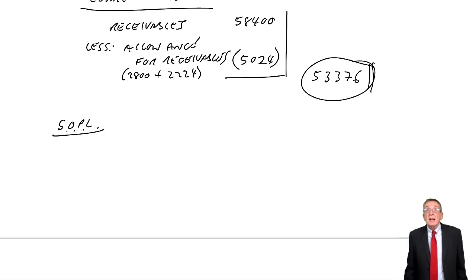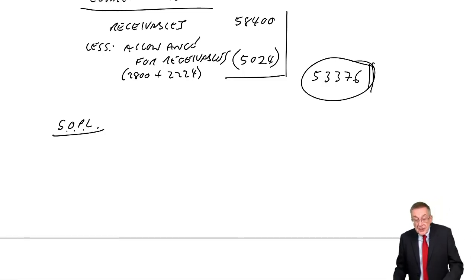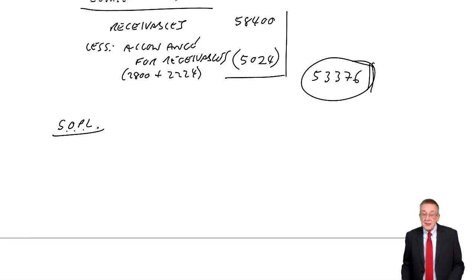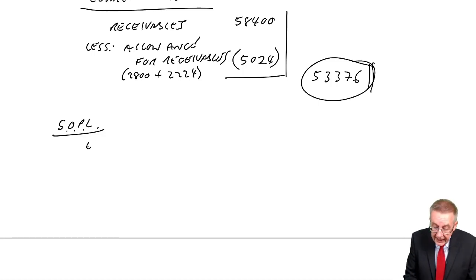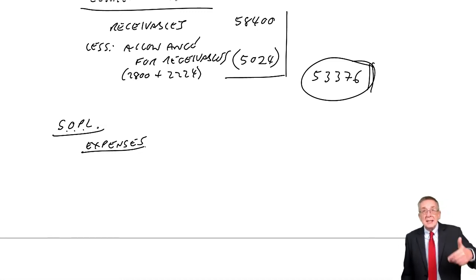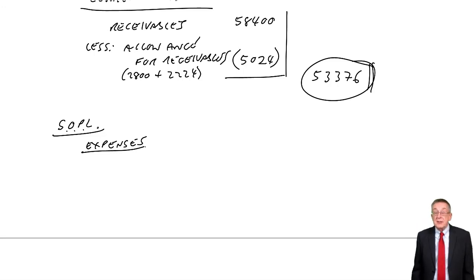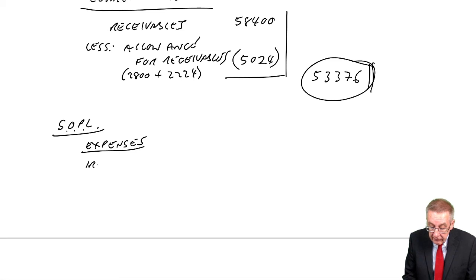And on top of that, we reduced by this allowance. Well, reducing the receivables is costing us. And so under the heading expenses, along with all our normal expenses, rent, electricity, telephone, wages, depreciation, and so on, we have this extra expense, irrecoverable and doubtful debts expense.